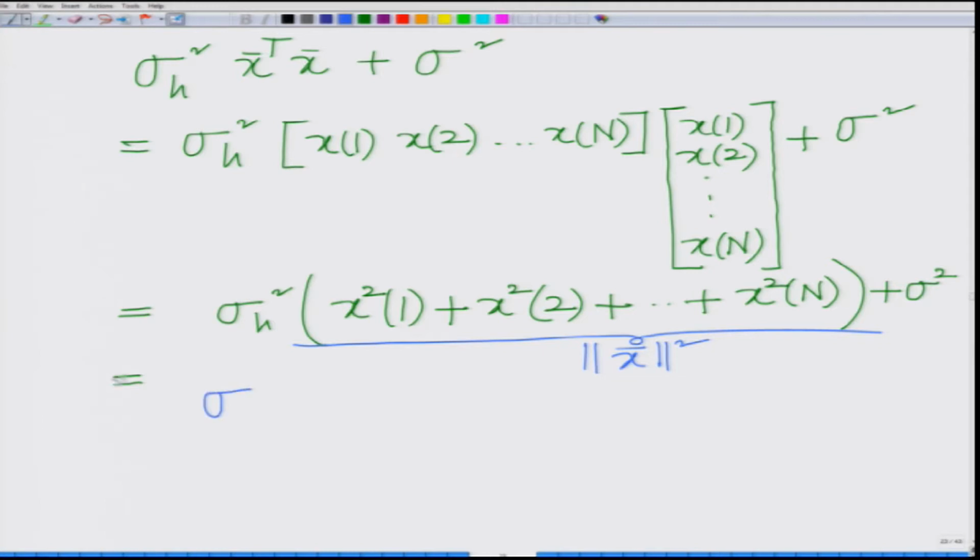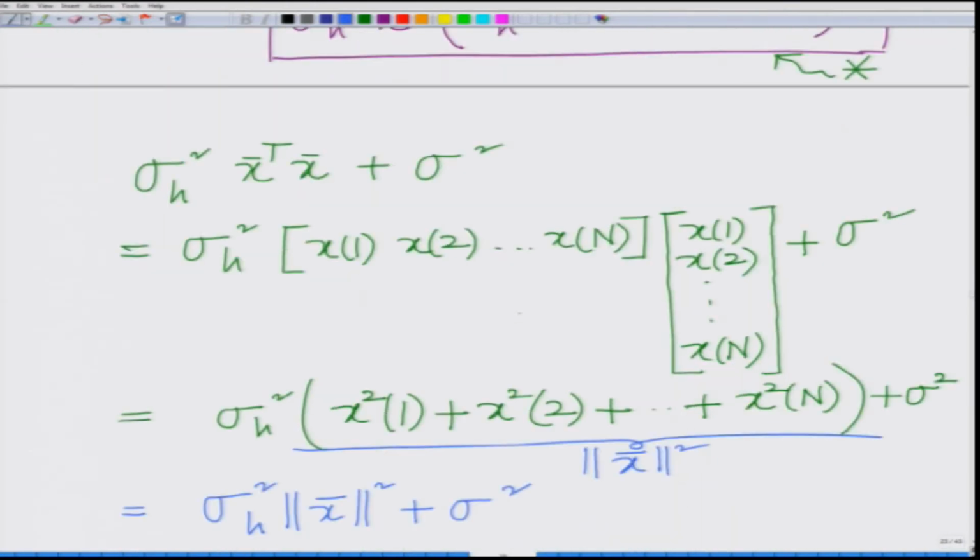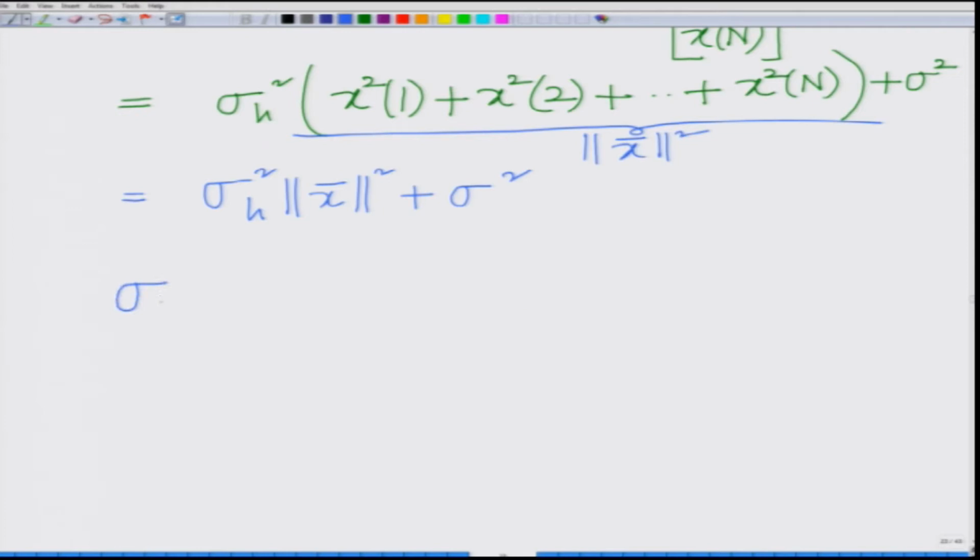So, what we have shown is sigma h square norm x bar square plus sigma square, this is a scalar quantity. And therefore, if you take a look at this quantity here, I can write this as sigma h square x bar transpose times sigma h square x bar transpose x bar plus sigma square inverse. Now, this quantity is a scalar, so the inverse is simply going to be its reciprocal.